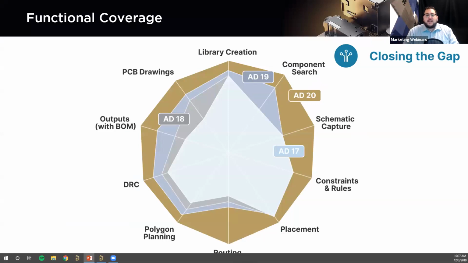Second part, closing the gap. With our previous releases, 17, 18, 19, there was a big focus on a particular type of functionality, right? You can see here in this coverage map, for example, in 17, we had a big focus on placement. As we progressed in 18, 19, we tried to expand that coverage.